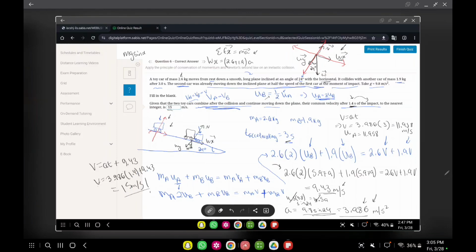Okay, so that was a long question. It was hard, not hard, but there's a key takeaway here that you need to find, and that was the acceleration. To find the acceleration without wasting time, note that the acceleration is horizontal.